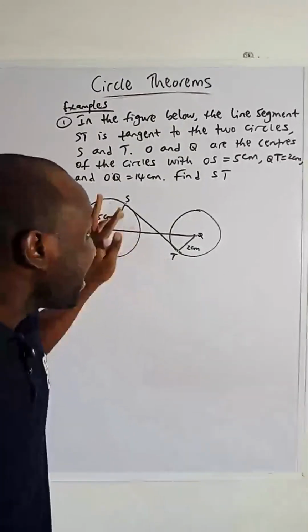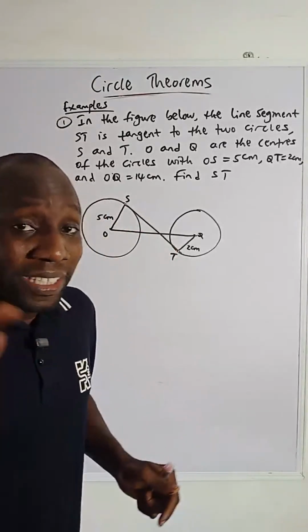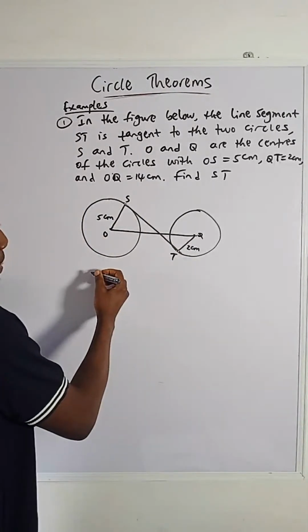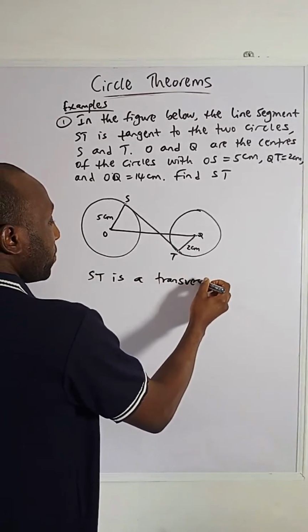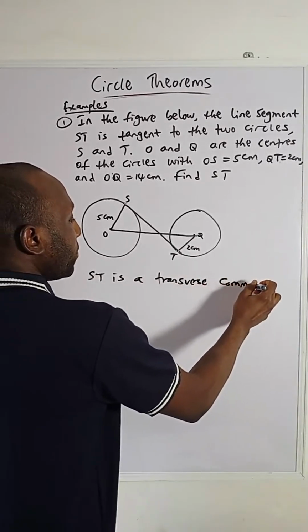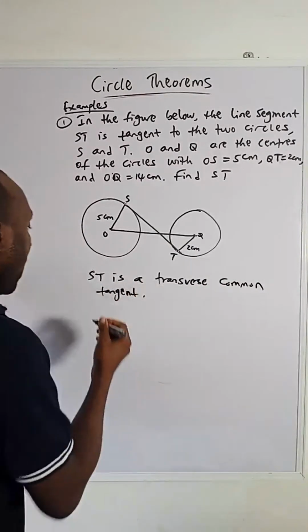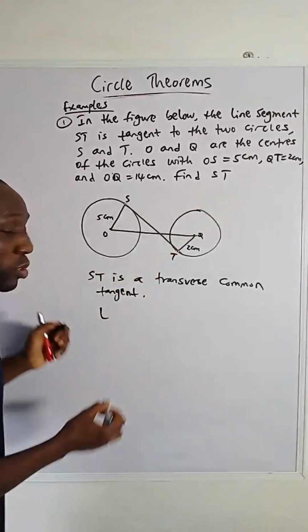Since we know that this is a transverse common tangent, the formula is what again? I hope you still remember the formula. So ST is a transverse common tangent. If you are asked to find ST, that's the length of the tangent, which you use L to denote.